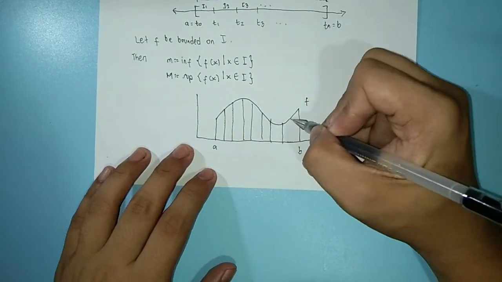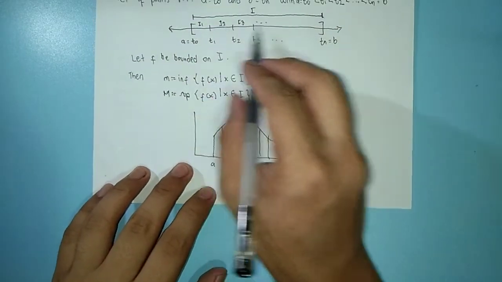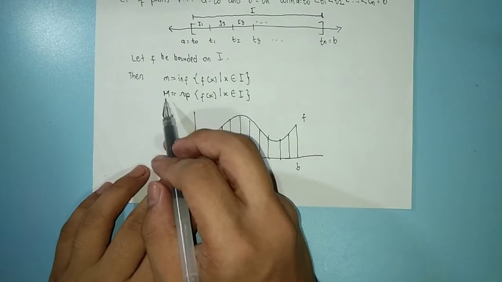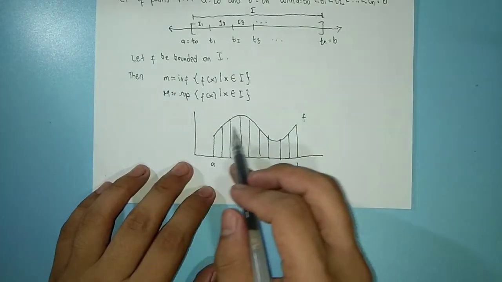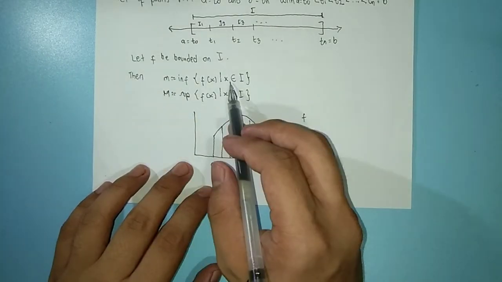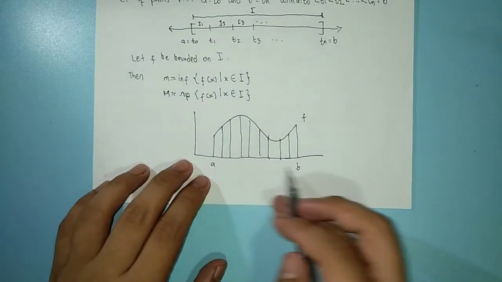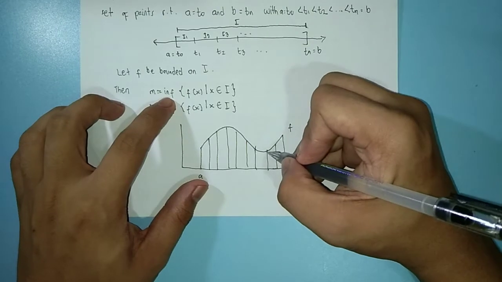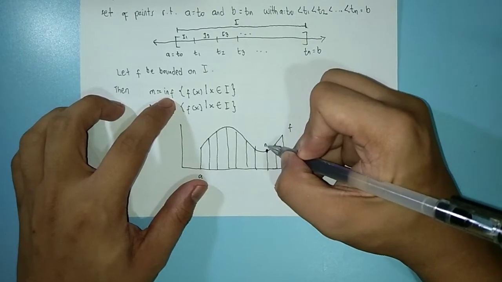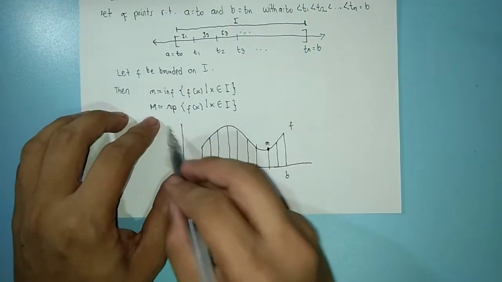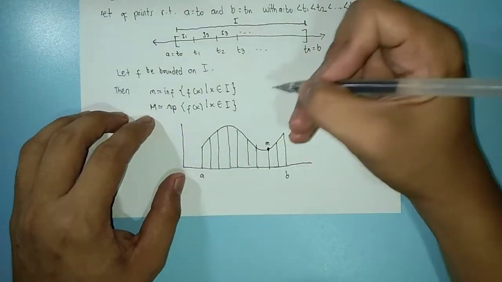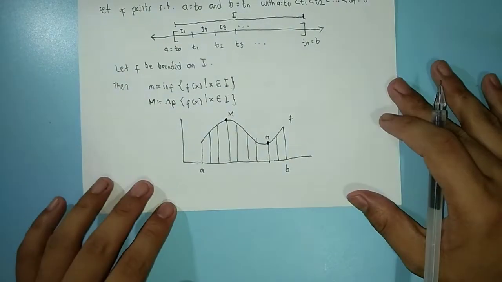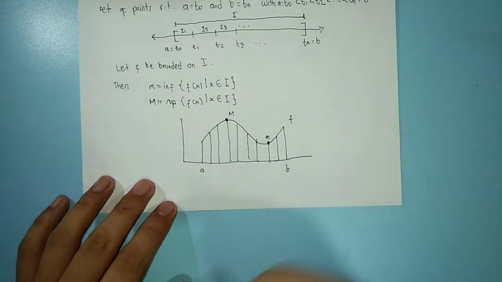Now yung sinasabi kong infimum, yung pinakamaliit dito. Infimum ng f of x, x in I, let's say ito yung buong I. Then ano yung infimum niya? Let's say ito yung m. Then yung supremum niya, which is yung large M, let's say ito. Para makita niyo yung itsura ng infimum tsaka yung supremum.